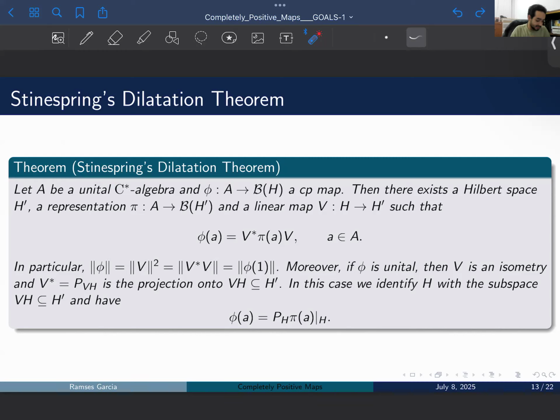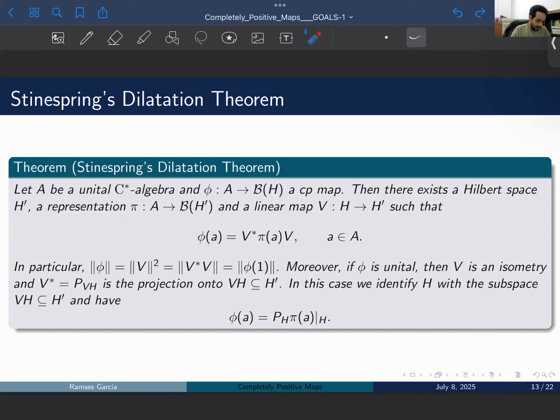The hypothesis is that you have a unital C-star algebra A, and a completely positive map between A and the bounded operators on a Hilbert space. This theorem tells you that there exists a Hilbert space H prime, a representation pi to the new Hilbert space, and a bounded linear map between the Hilbert spaces, such that phi is the compression of that representation.